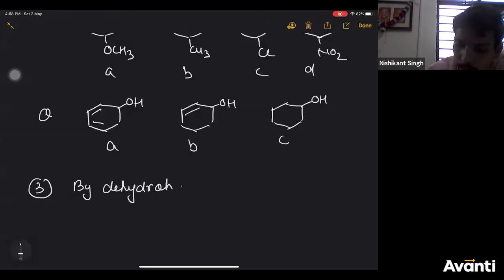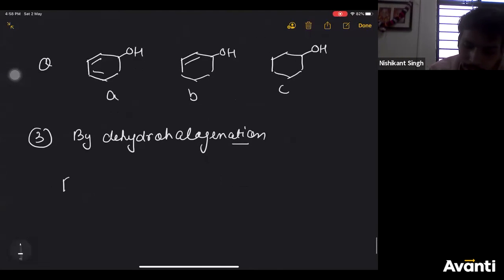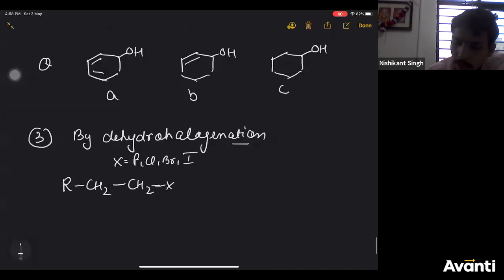By dehydrohalogenation reaction. So I'll write the reaction here. See carefully. If you take R alkyl halides, RCH2Cl, or any halogen, X can be fluorine, chlorine, bromine, iodine, any halogen. What will happen among carbon and halogen, which is more electronegative? Halogen.